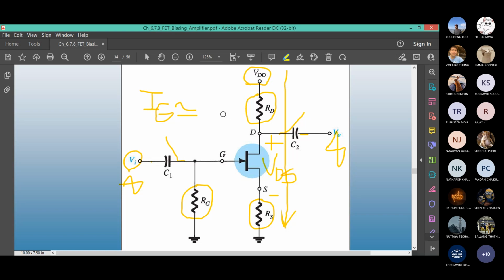When you have high input impedance at the gate, what would be the current approximately? Okay, this is rather disappointing. We just talked about it like 5 minutes ago.